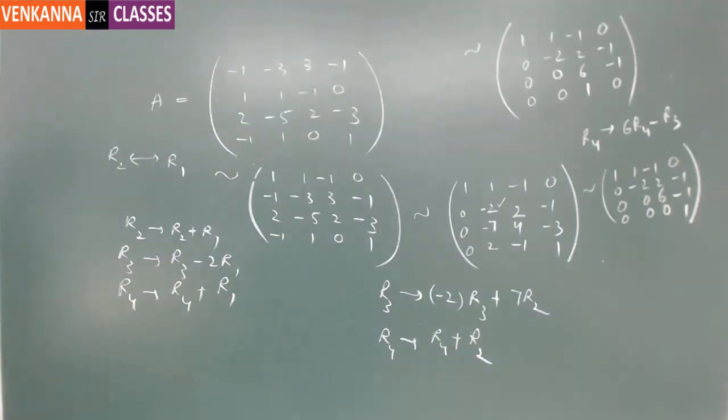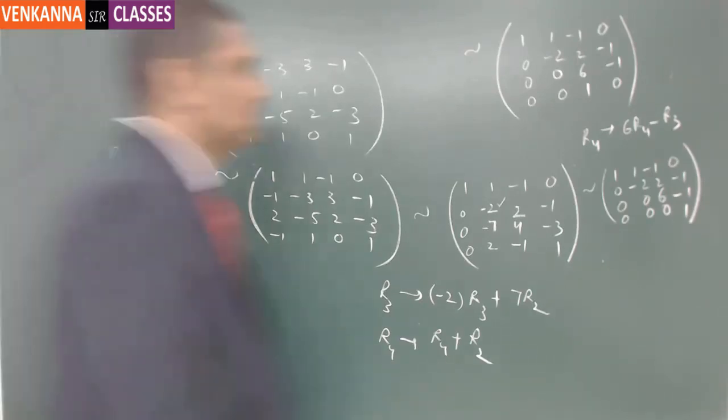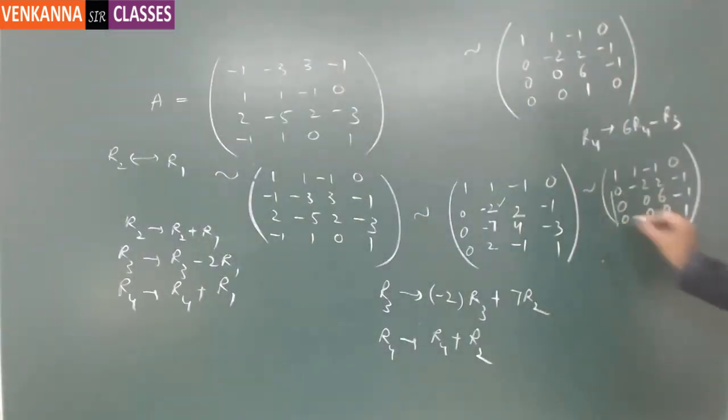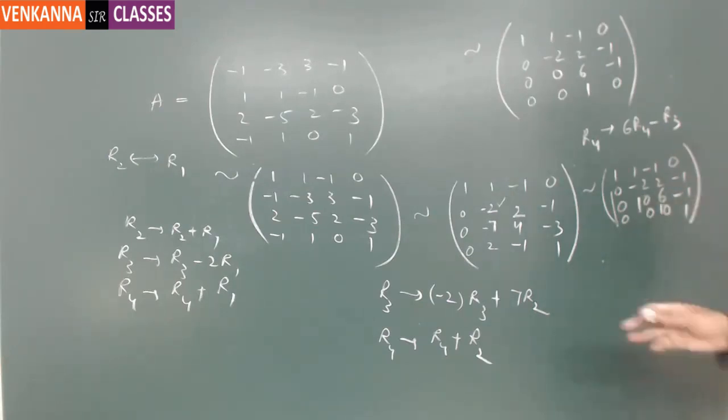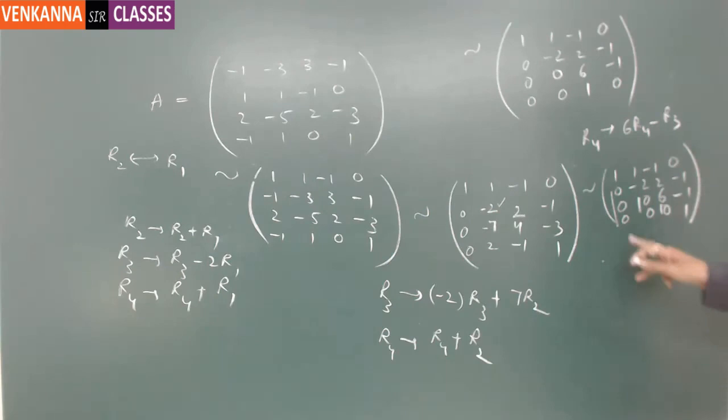If you did anything wrong with regard to row operations, you can correct me. So how do we justify that it is in the echelon form? Because all the values below the diagonal entries must be 0. So these values are 0, these values are 0, these values are 0. However, if you get any 0 row, that will be in the end.